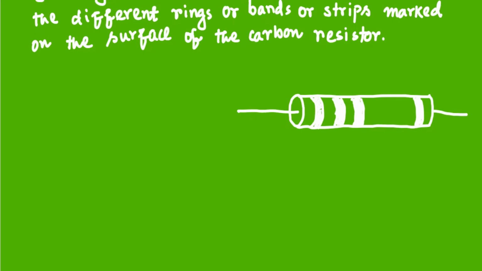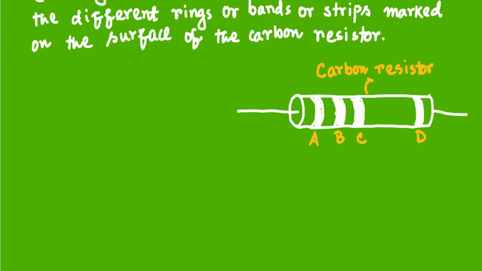That is strip D or ring D. So this is strip A, then strip B, then strip C, and strip D. And it is a diagram of a carbon resistor.